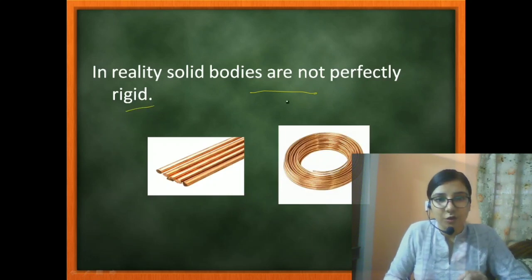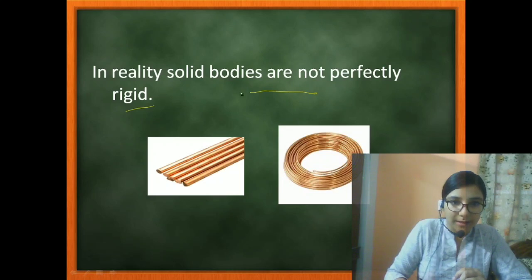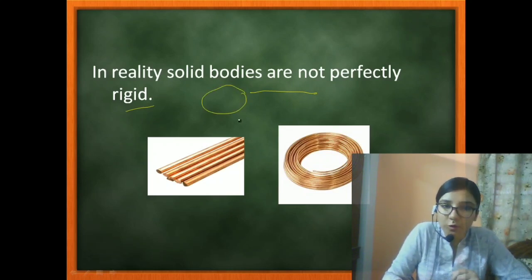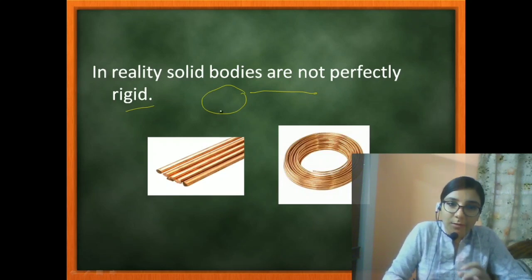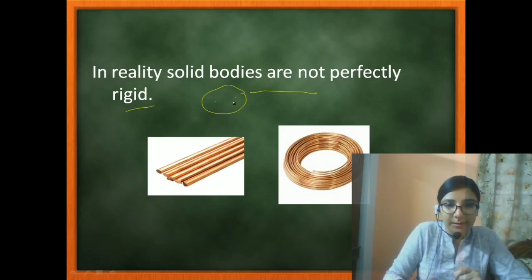Let's recall what a rigid body is, which you have all studied. Suppose this is a rigid body, for example a stone. It is made up of very small minute particles. If we consider only two particles, this and this, what is the property of a rigid body?